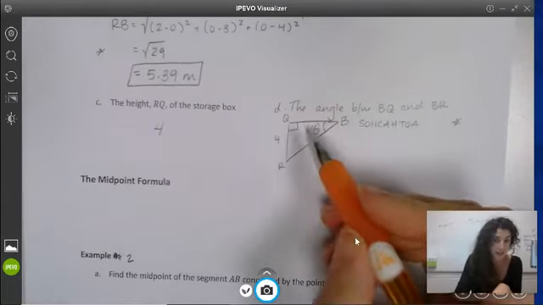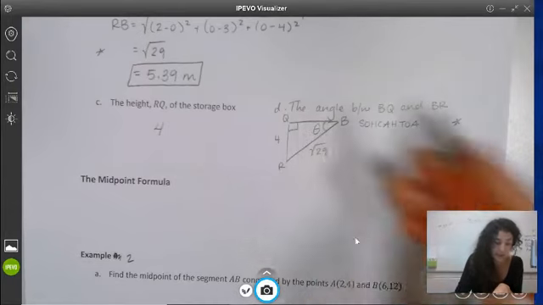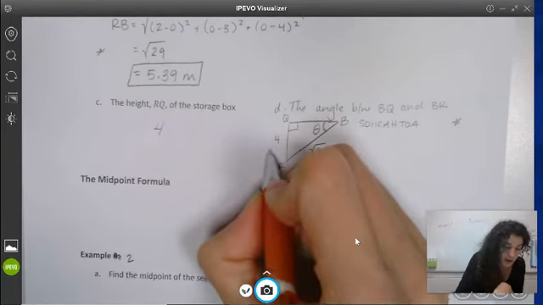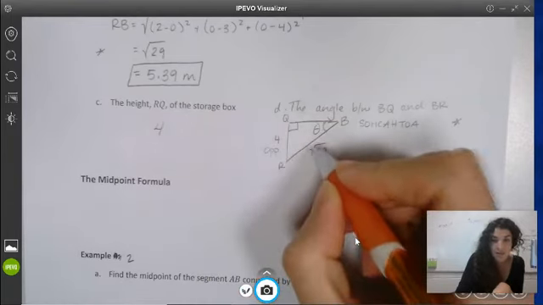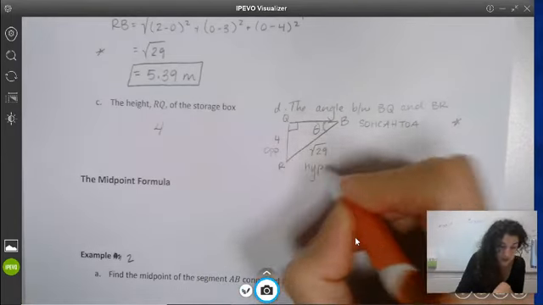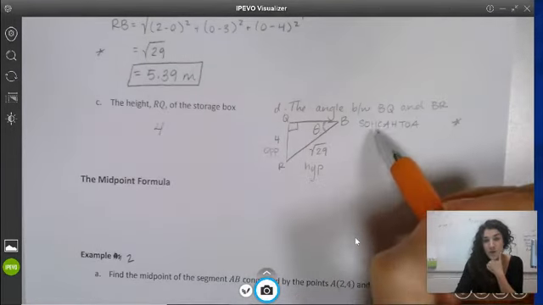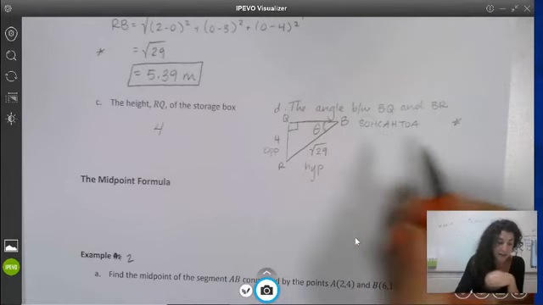Remember, you can label the side lengths, right? 4 is opposite of the angle because it's like a spotlight going over there. This guy is opposite of the 90 degrees, so it's a hypotenuse. So since we have the opposite and the hypotenuse, we're going to be using sine.